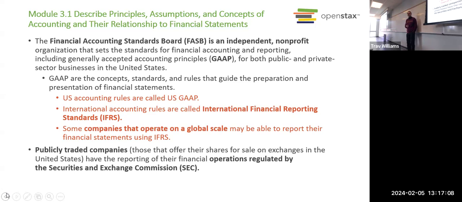Probably at some point in the future, GAAP will go away and all American companies will use the international standards. But I don't know when that's going to happen. And for now, since GAAP is still dominant here in United States accounting, that's what we will focus on. And I don't know anything about IFRS anyways, so I wouldn't be much help to you even if we were going to try to learn it.